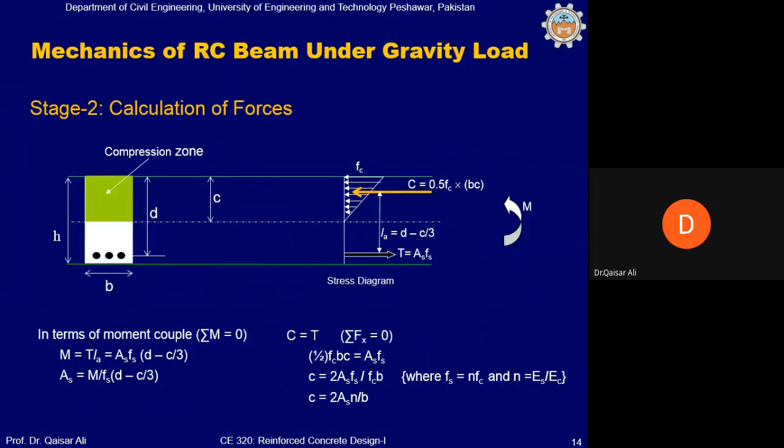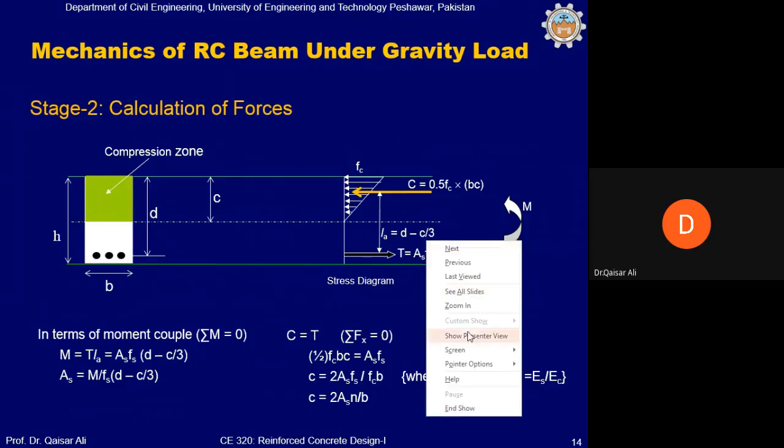Next, we will try to write down the equations, and I will write them for you on a white screen like this. Now look at these equations. The stress diagram is such that you have a C here and a T here. The distance, effective depth d, from the top compression fibers of the beam to the central axis of the steel is this d.